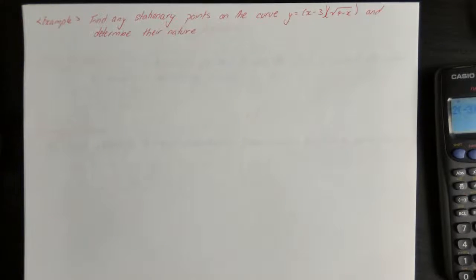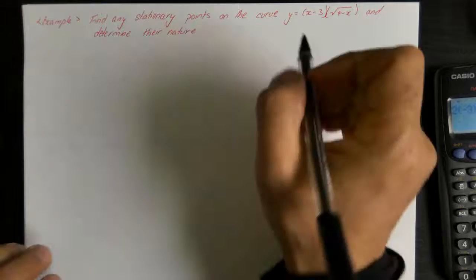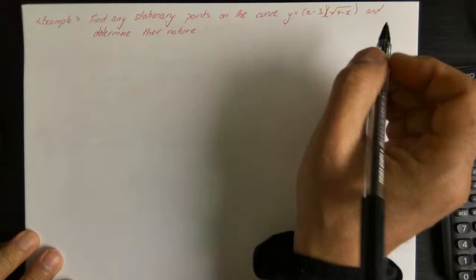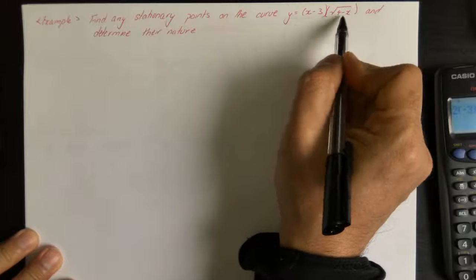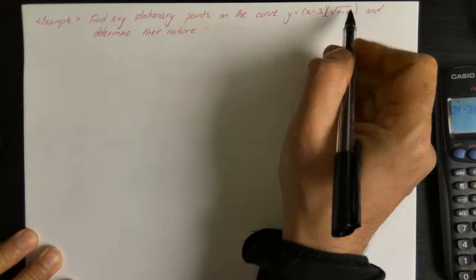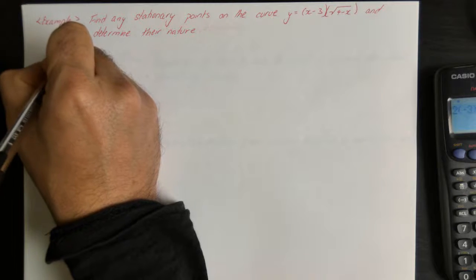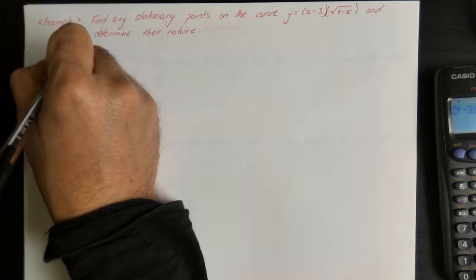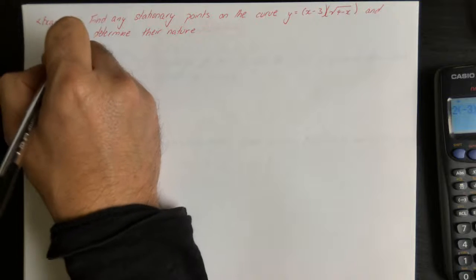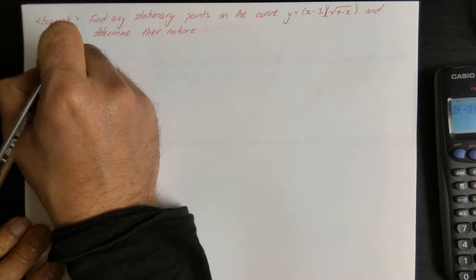Alright, so next example. Find any stationary points on the curve and determine their nature. So this is a product rule with a chain rule in it. So I'm going to give us the derivatives.